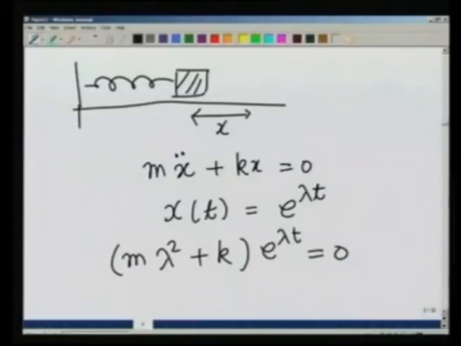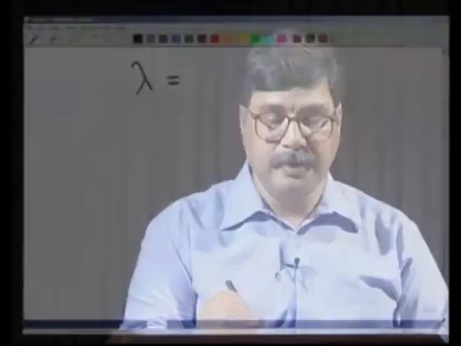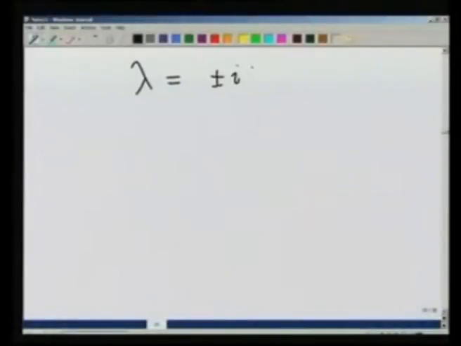Since it is true for all the times, I must have lambda square is equal to minus k over m, and therefore lambda comes out to be plus minus i square root of k over m, where i is equal to square root of minus 1.